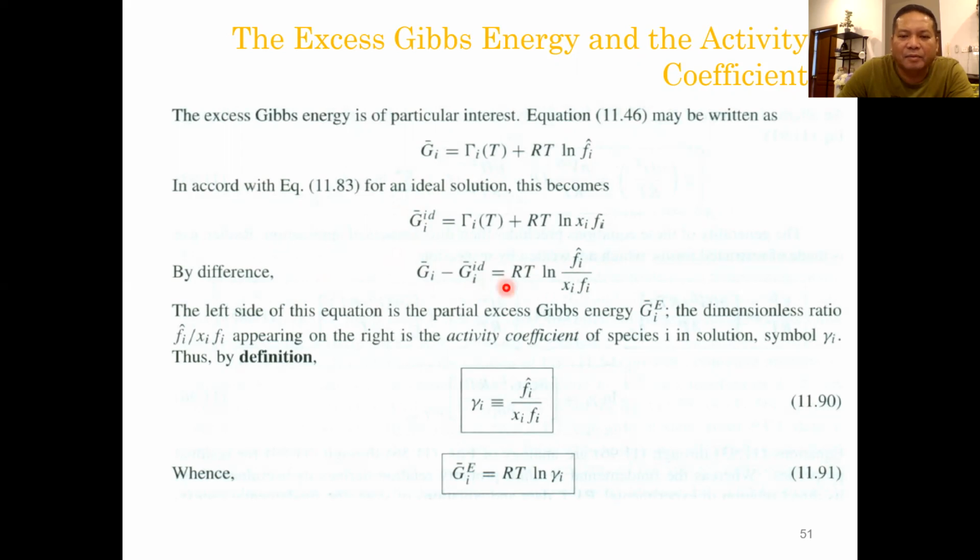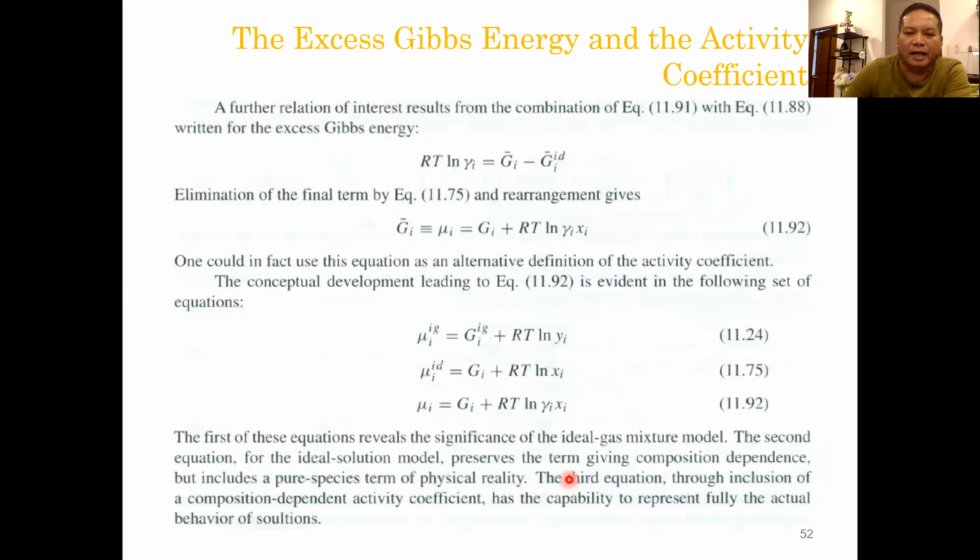And then we got the RT ln of the ideal solution to the X, and this value here can be written as gamma. So this, I think it's gamma here. Yeah, this is gamma, and this gamma is what we call the activity coefficient. So it's very similar to fugacity coefficients. All right. So hence GE is equal to RT ln gamma here.